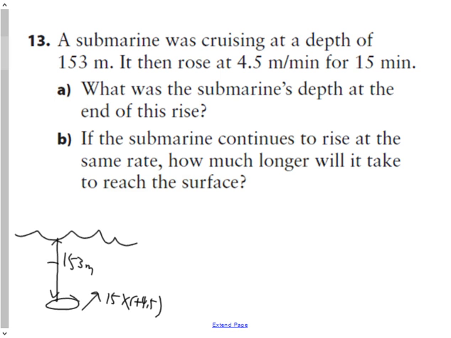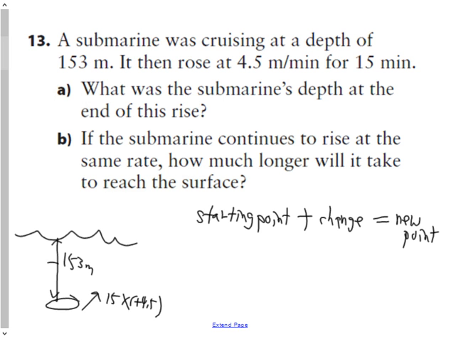So the expression you need to start with, if I put it in word form, is starting depth, starting point, plus change equals new point. If I think about what this means, my starting point, and I add to that the change in my depth, those two combined will equal where I'm at now, or my new point.